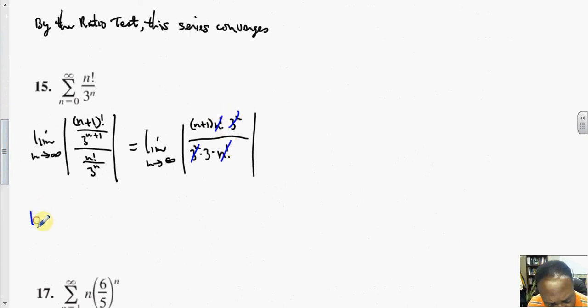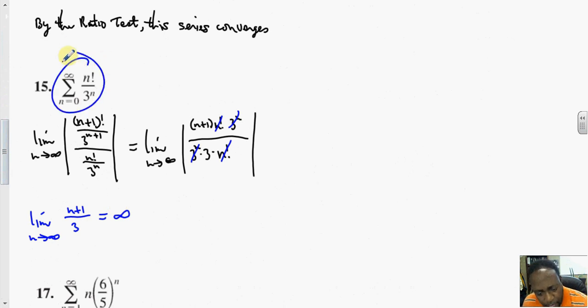So that has us left with the limit as n goes to infinity of n plus 1 over 3. This goes to infinity. And so by the ratio test, if the limit is either greater than 1 or infinity, then the given series diverges.